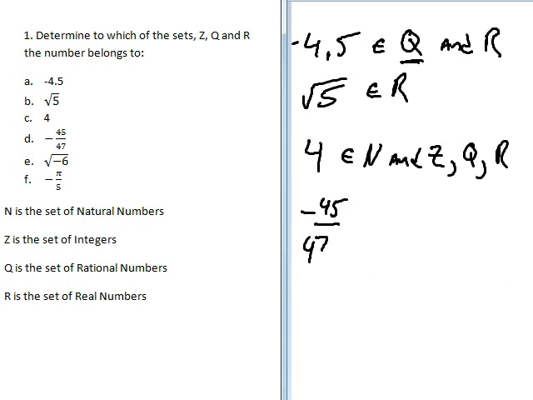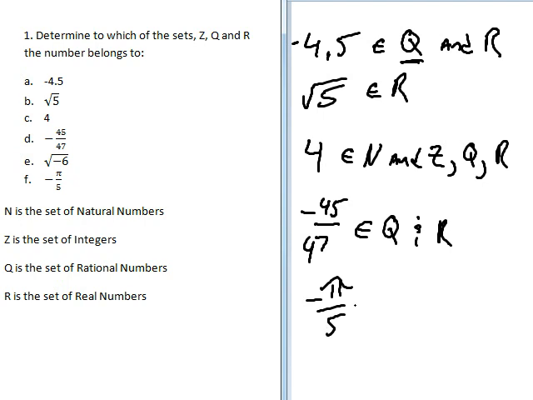Is it going to be a rational number or not becomes the question. In this case, it will be, because we will have either a terminating or a repeating decimal when we actually work this out. So this belongs to Q and R.